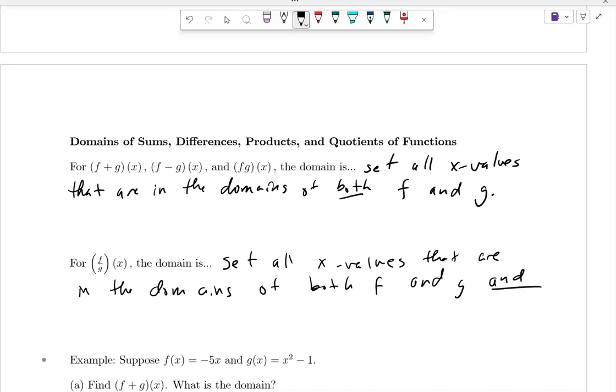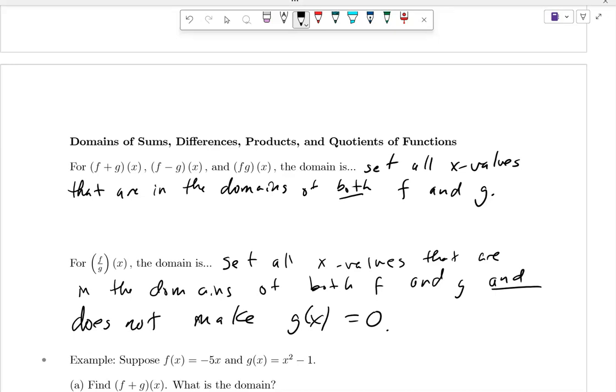Yeah, so we want to make sure that when we plug in the x, we don't make the denominator 0. So it has to be in the domains of both f and g, and does not make g of x equal to 0. You got to plug it into f, you got to plug it into g, but you also have to make sure with the quotient that it doesn't make that denominator equal to 0. Because then you'd be dividing by 0, which causes problems.